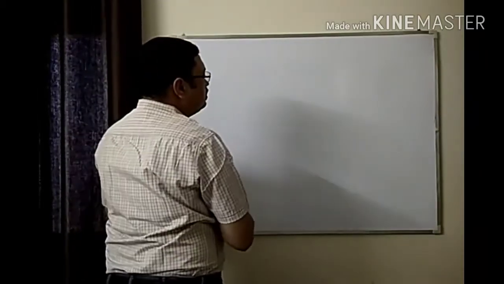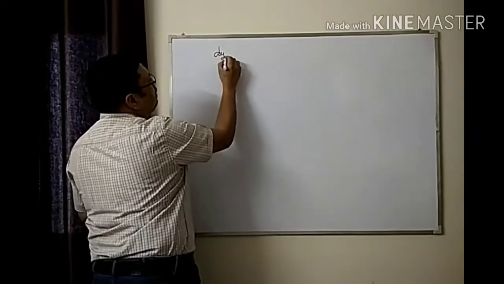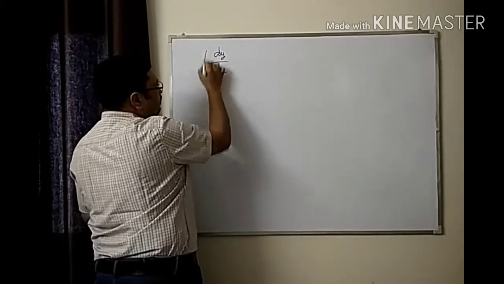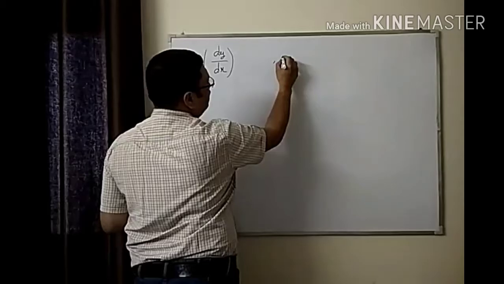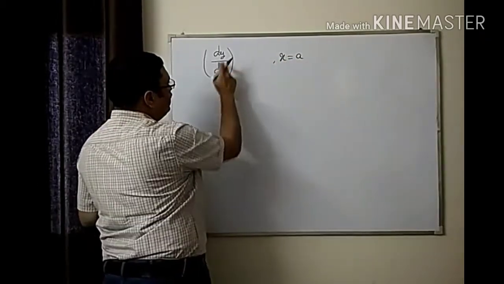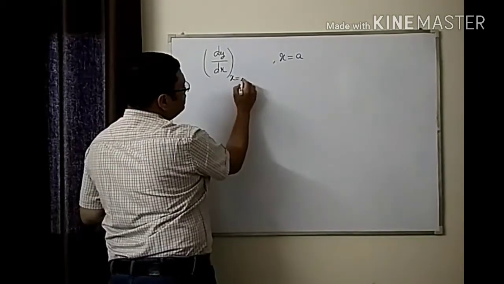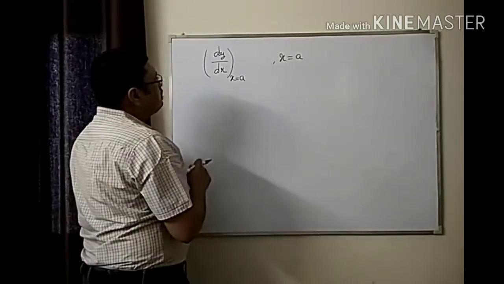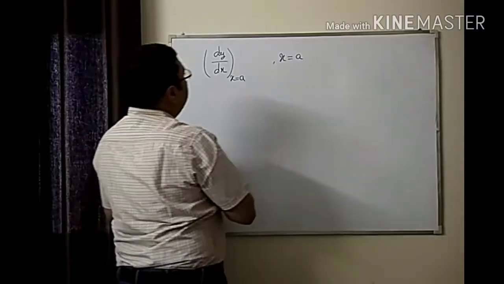Now we have understood the meaning of derivative. Derivative is dy by dx, and if we calculate this value at a particular value of x, for example, if x is equal to a, if we calculate dy by dx and put x is equal to a, this is the derivative at a particular point. dy by dx at x is equal to a.